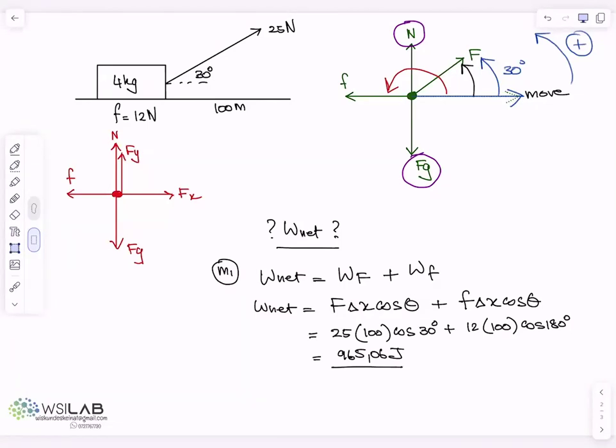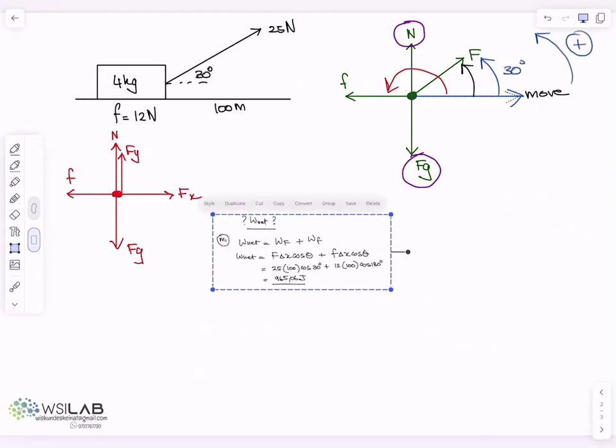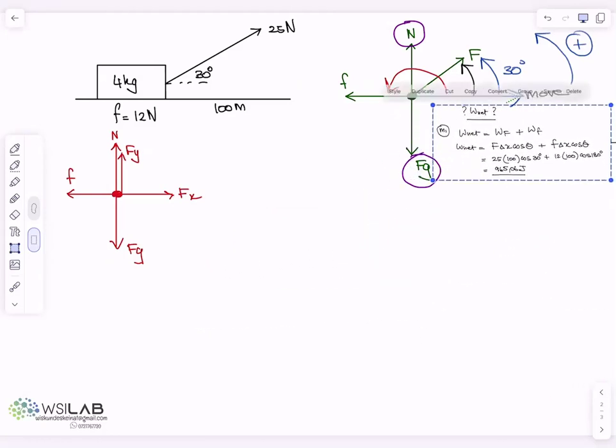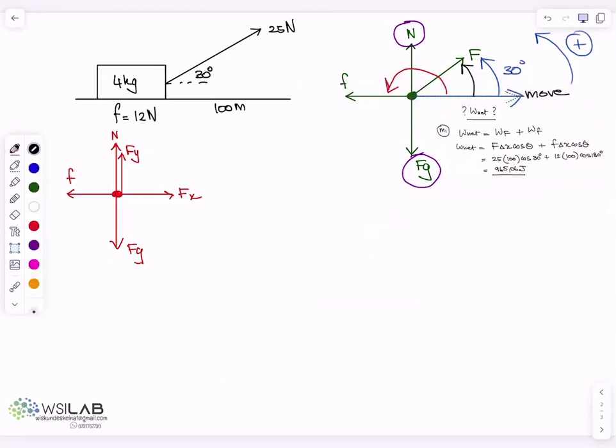We're done, sir. Okay, Zelnay, also done? Also done. Okay, awesome. I just want to show you something else. You can also reason as follows. Just going to do it in red because it represents the red diagram.